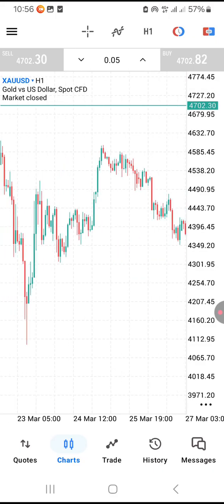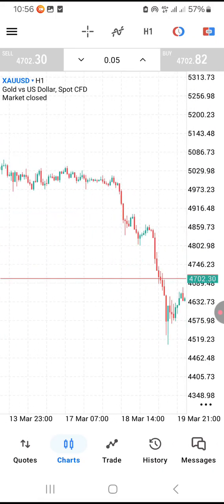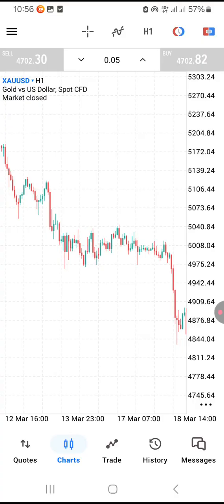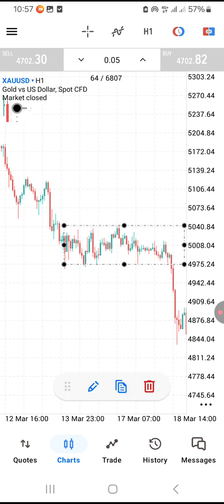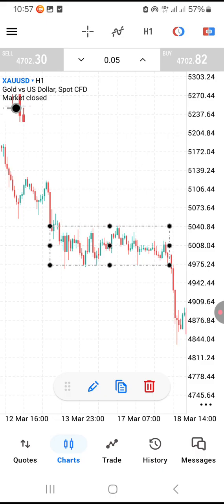Let me show you. You can call this particular thing, let me get this rectangle. You can see something like this. The market didn't really make progress here. See, price is just inside this box. This is what we call a ranging market.